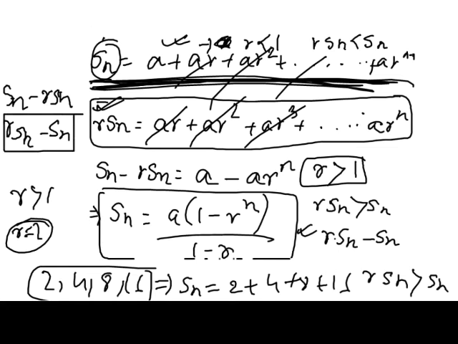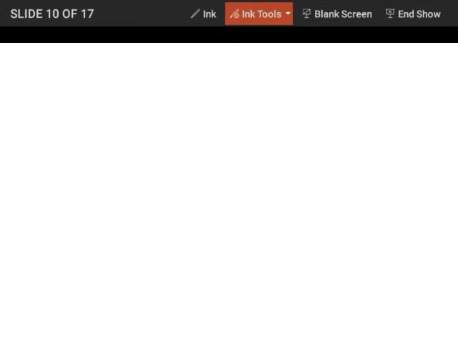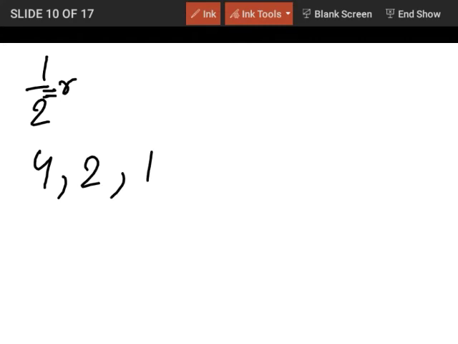Now again, if we take another example of r being smaller than 1, then see the case. Say I take r as half. So what will the sequence be? Say I take 4, then 2 and then 1. I'm taking only 3 terms.